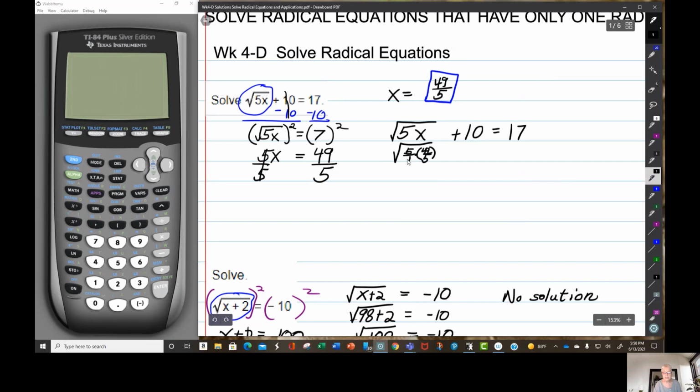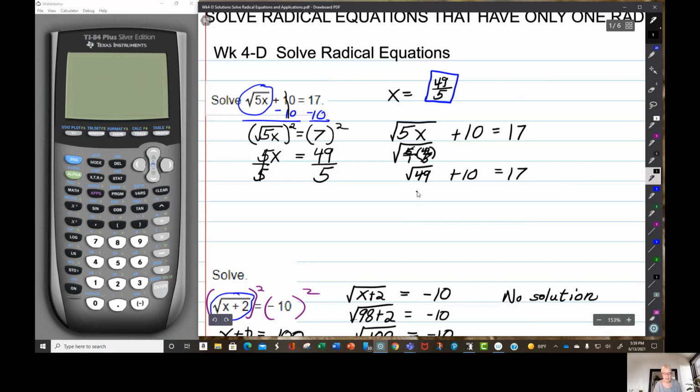And multiply these two, and in the process of multiplying, the 5s will cancel. So I'm left with the square root of 49 plus 10 equals 17.